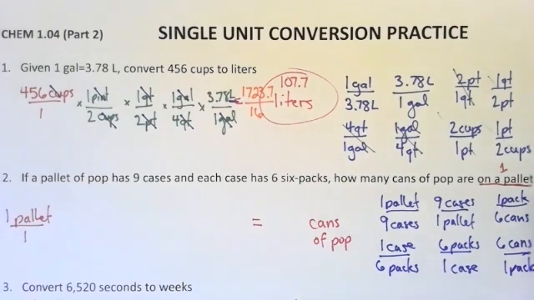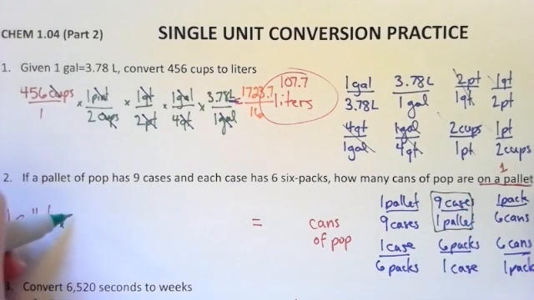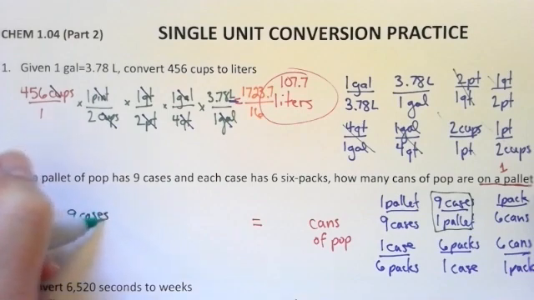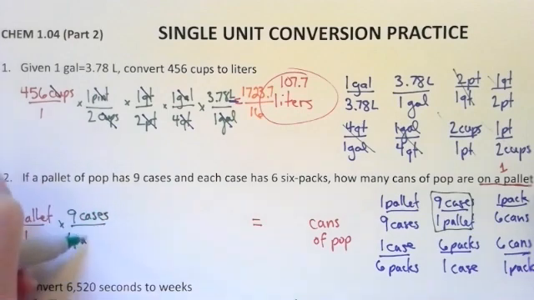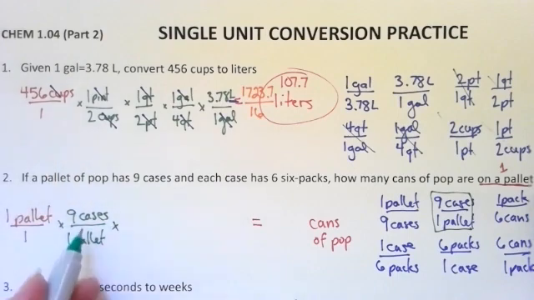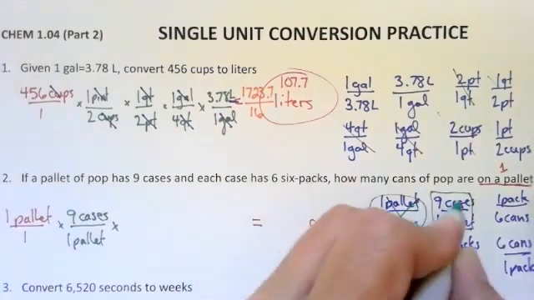All right, now I need to insert my conversion factors. I have pallet on the top, so my next unit needs to have pallet on the bottom, which is this one. So here I have 9 cases in 1 pallet. I have cases on the top, so I need a unit that has cases on the bottom. Whoops, sorry, my bad.